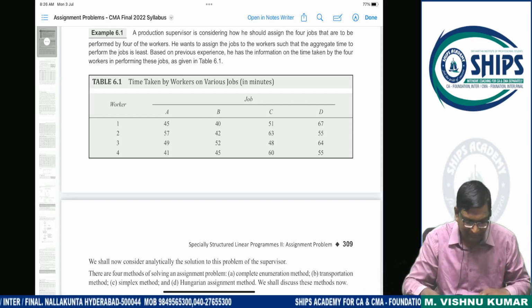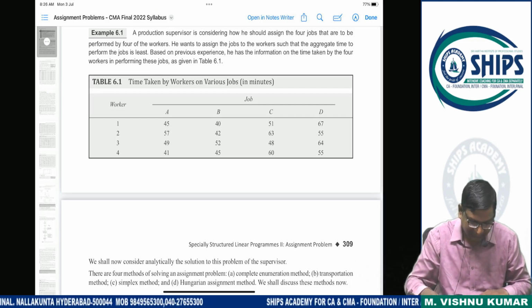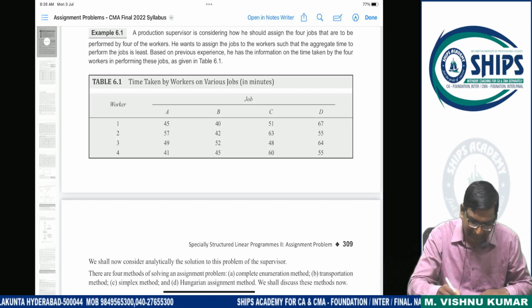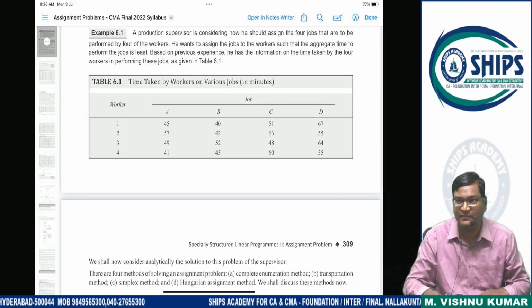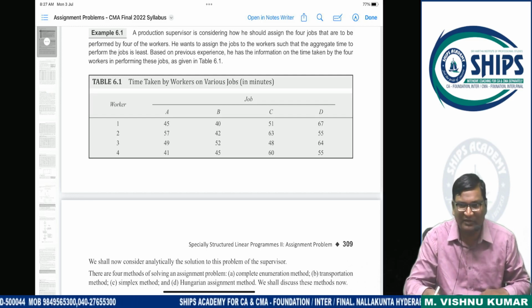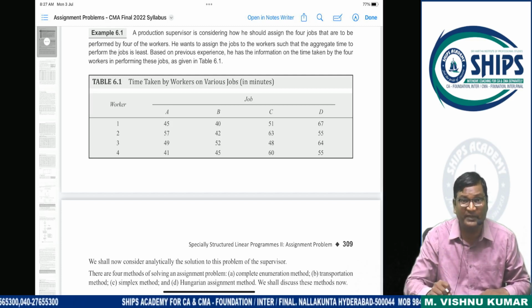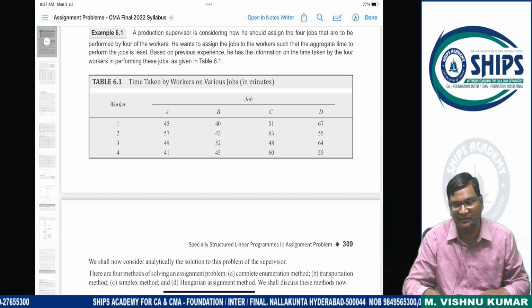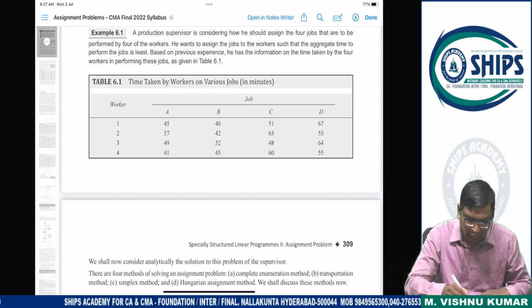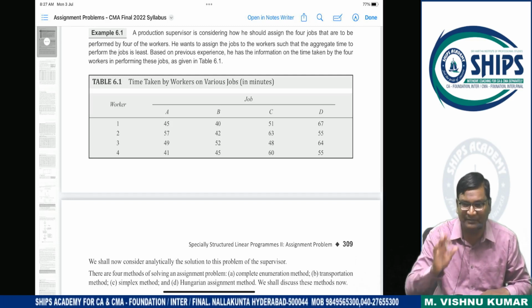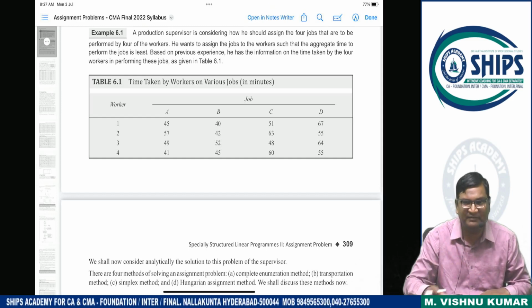So this is the best example, because all jobs should be assigned to all workers, so that no worker should be idle. कोई खाली नहीं बैठना है. Nobody should be idle, and no job should be unassigned. Every job should be assigned.